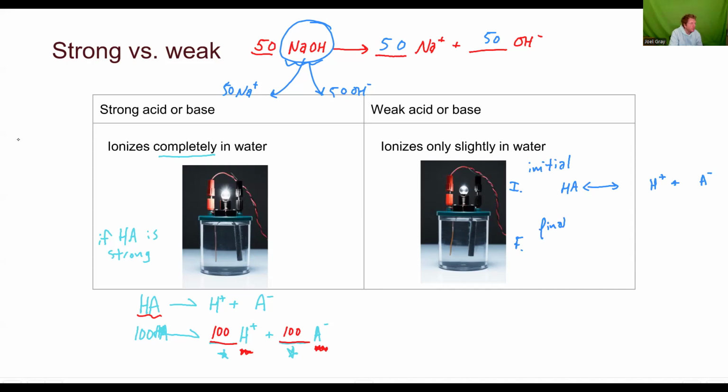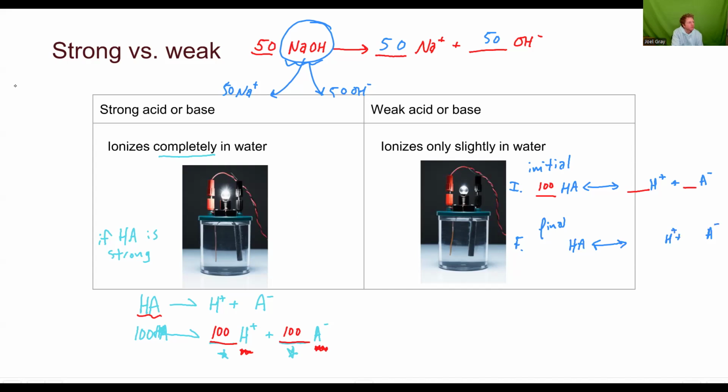Okay, so if we had HA initial, we're starting out with, let's just say, 100 molecules of HA. Then what we're looking for is our final. After this reaction has taken place, we've got HA, that's reversible, H plus, A minus.